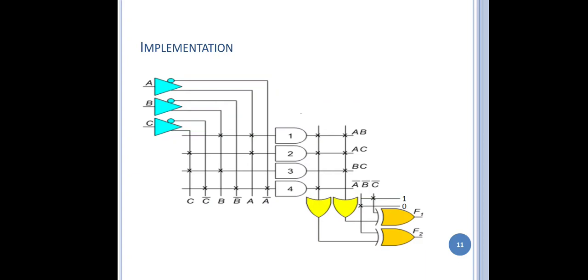So F1 bar XOR 1 gives F1. And for the second XOR gate, the OR gate output is F2, so we give the other input as 0. Since 0 XOR F2 gives F2 itself, at the output of the XOR gates the functions F1 and F2 can be obtained. This is the PLA implementation. Thank you.